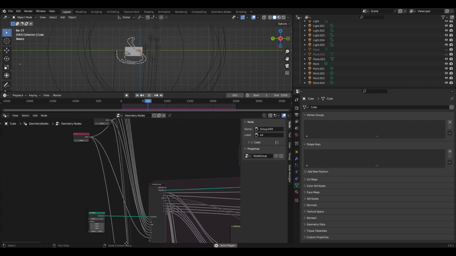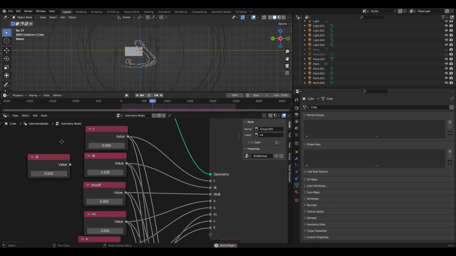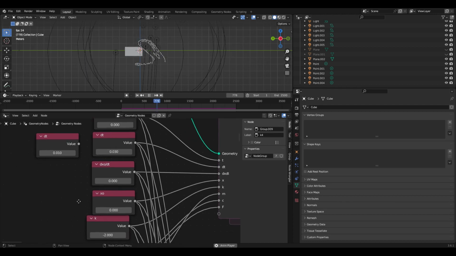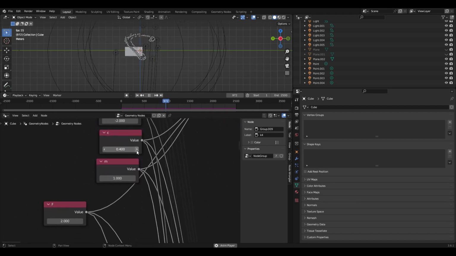That wasn't in his book, actually. But the k of -2 here, 0.4 for C, m of 1, and then the forcing here is 2. Actually, if I change that to 5, we can get a little more chaotic type motion.